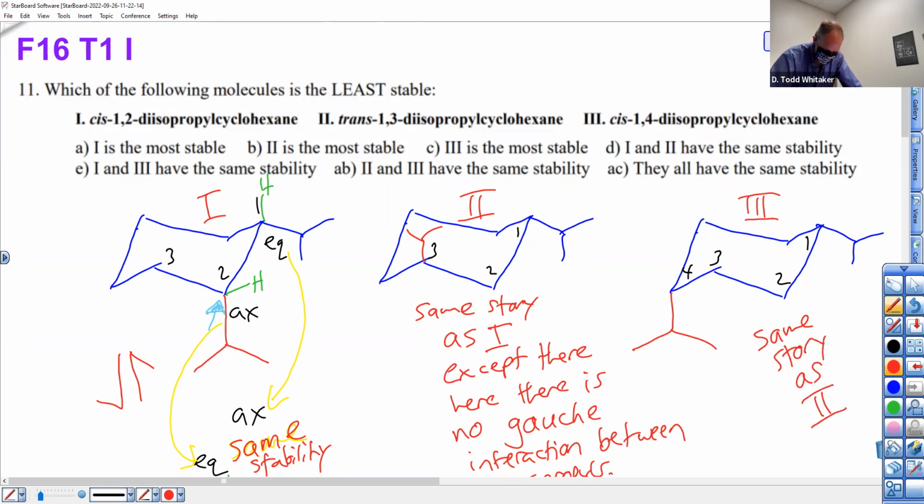So whatever I said in the story applies here too. So we say 2 and 3 have roughly the same stability, and they're both the most stable because they both have 1 EQ, 1 ax.